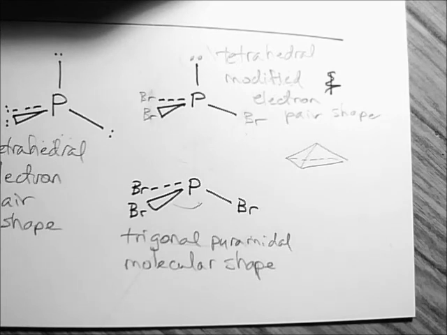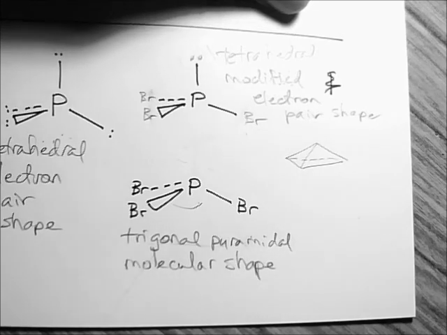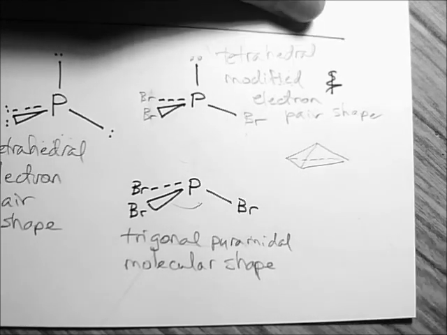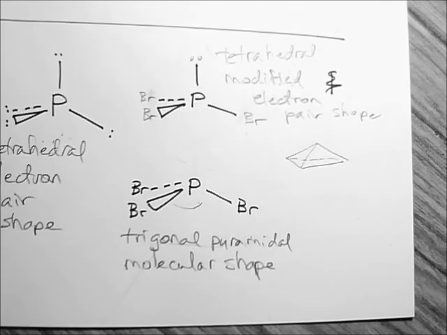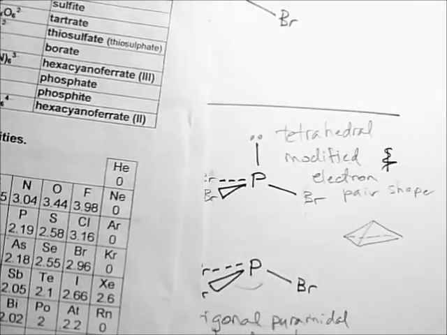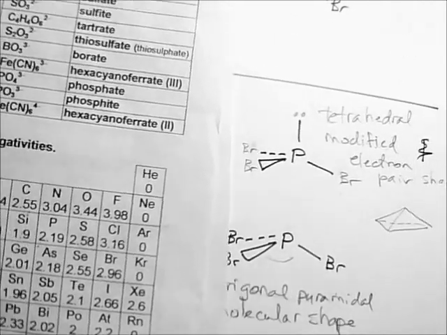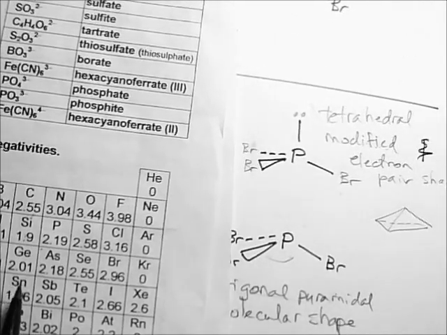To figure out if the bonds are polar, we got to do a little simple math. So we know it's an uneven distribution. What we want to find out now is if the bonds are polar. So we go back to this periodic table with electronegativities. Phosphorus has an electronegativity of 2.19.